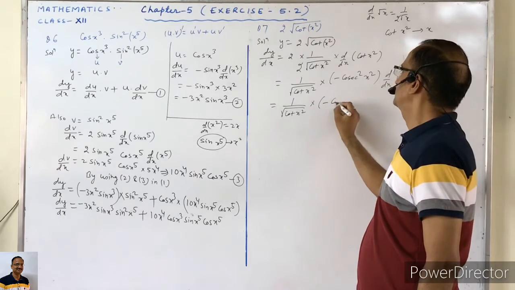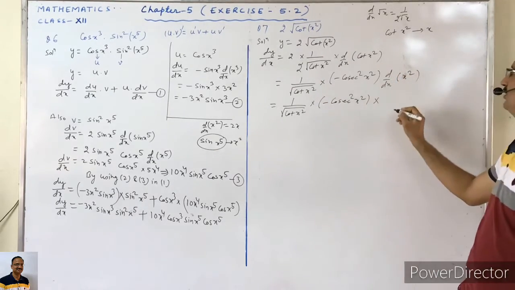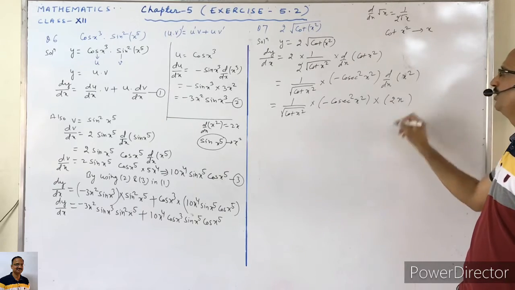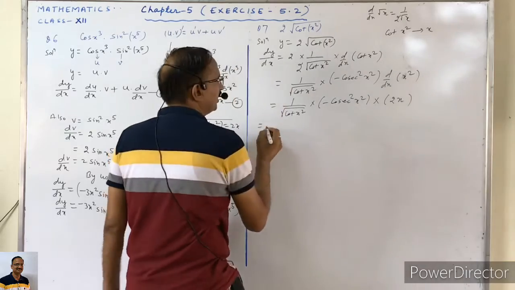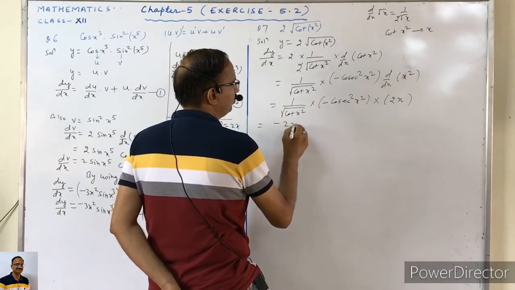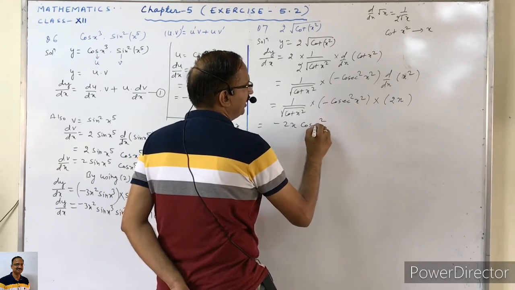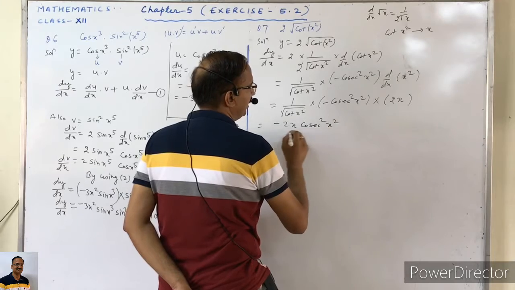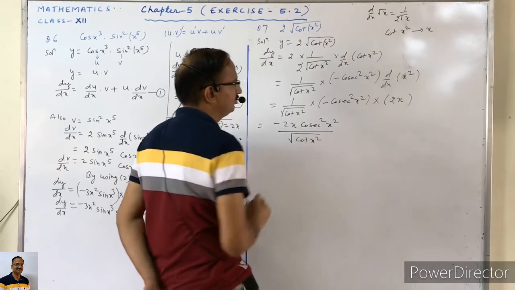This is minus cosec square x square, and the derivative of x square is 2x. Now we can write this as minus 2x cosec square x square by root cot x square.